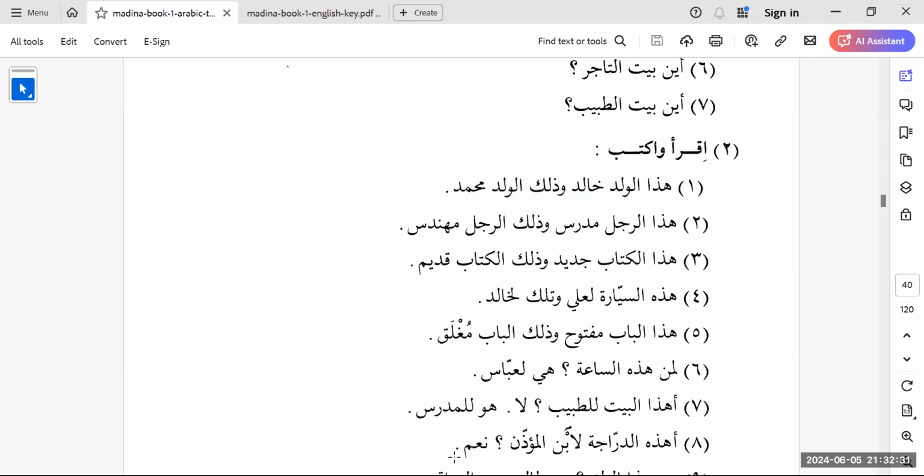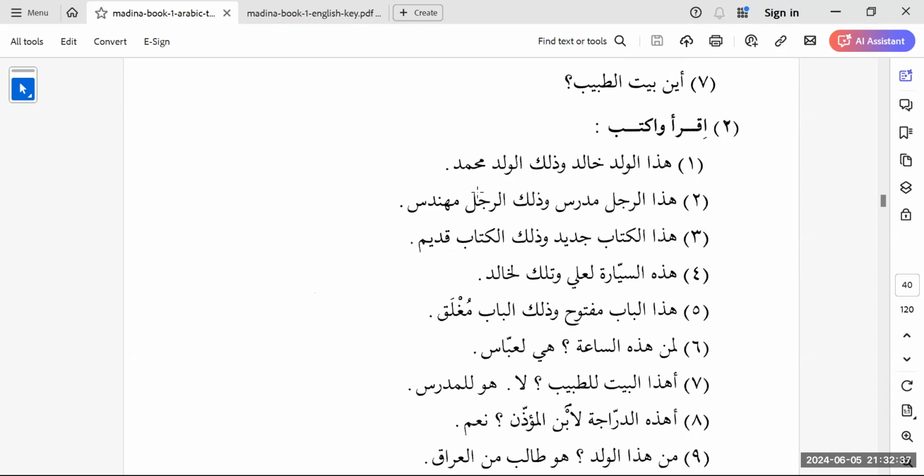The translation will kind of follow the pattern. This boy is Khalid, and that boy is Muhammad. So then if I say هذا الرجل مدرس وذلك الرجل مهندس, what does that mean, Ammar? This man is a teacher and that man is an engineer.